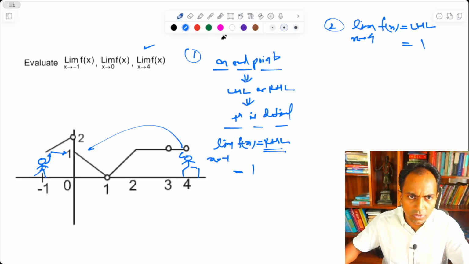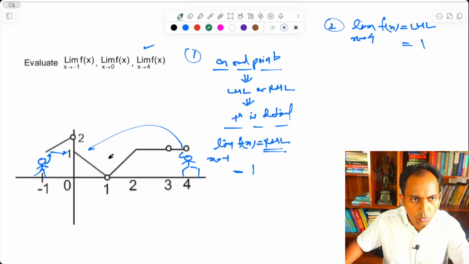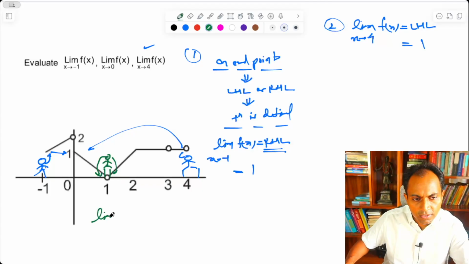But just to entertain you, let us try and answer what happens at 1. If I ask you the limit at 1, if you are standing here, you will see that the value is 0 at this point and 0 at this point. If somebody is asking you the value of the limit of the function f(x) when x tends to 1, the answer is going to be 0.